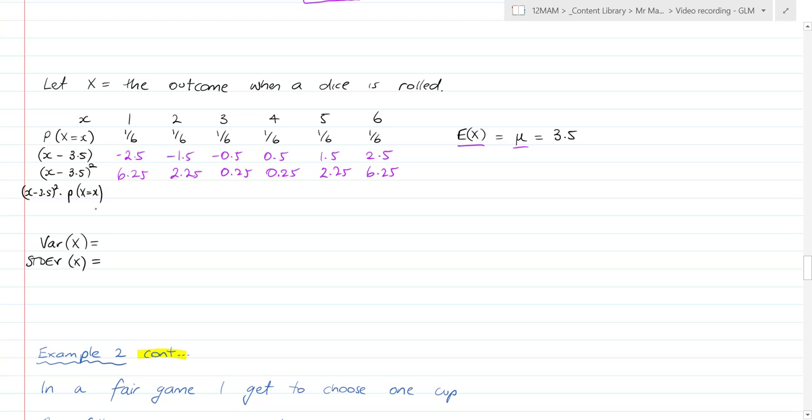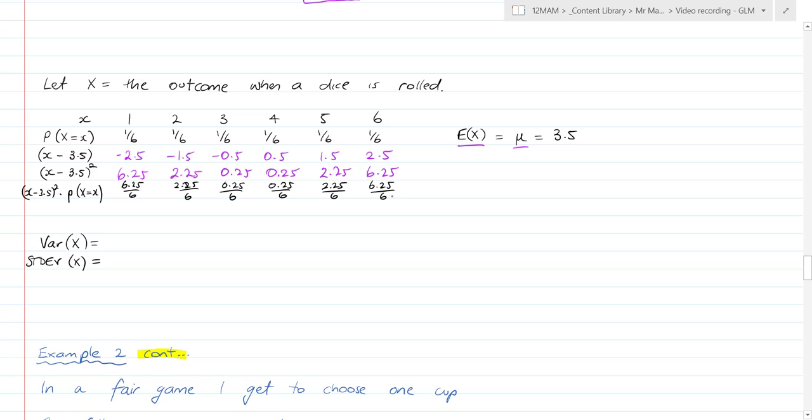And this is a uniform distribution, so it's a bit boring at the moment, but I get 6.25 over 6, 2.25 over 6. There's a couple of decimal points in there. Trying to keep it small. 0.25 over 6, 0.25 over 6, 2.25 over 6, 6.25 over 6.